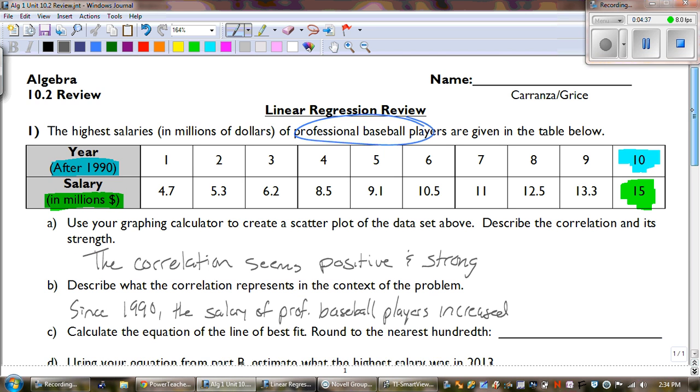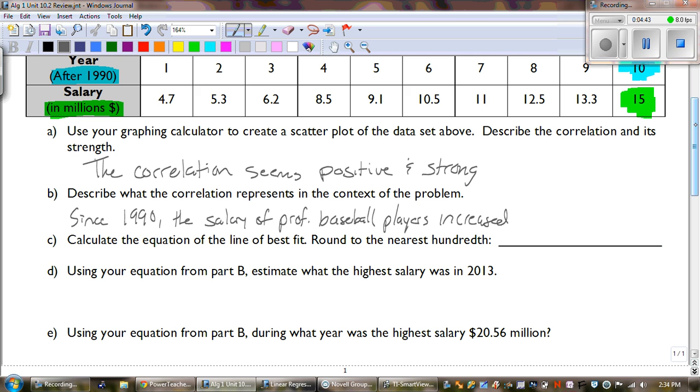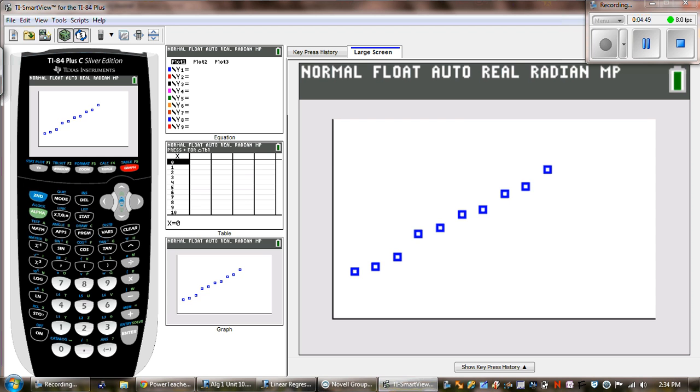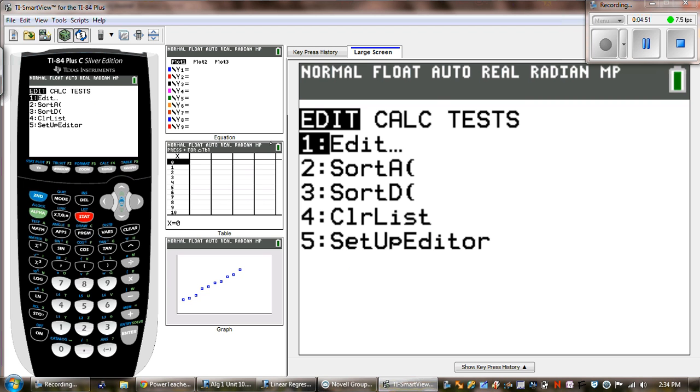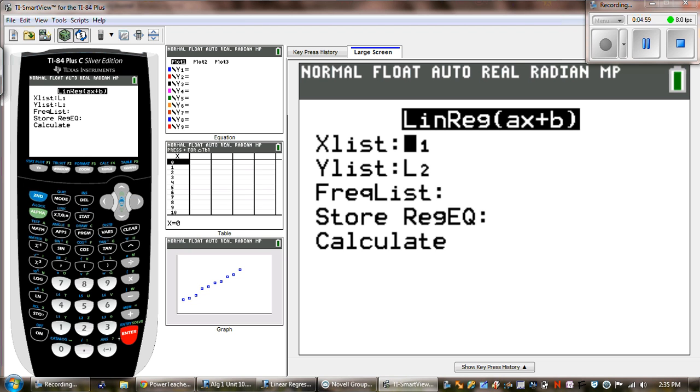The next part says to calculate the equation of the line of best fit and round to the nearest hundredth. To do that, we go to stat, slide over to calculate, and go down to linear regression. Once we get there, all we want to do is hit enter.